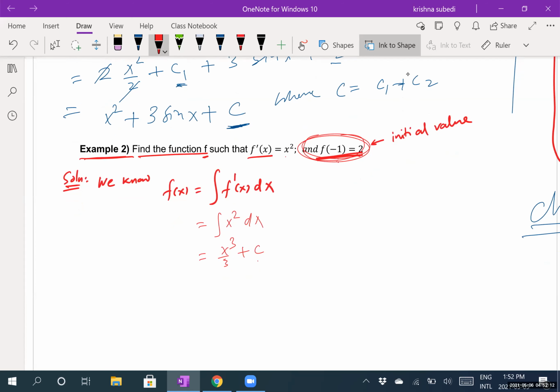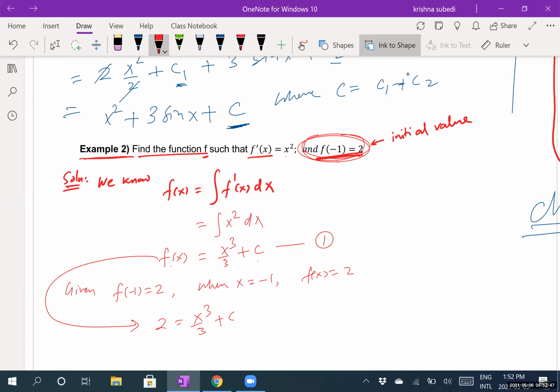Okay, so let's say this is my function f of x, and the condition given is that f of -1 equals 2. What it means is when x equals -1, f of x is 2, that is given. So I can substitute the value here. What I get is 2 equals x cubed over 3 plus c.